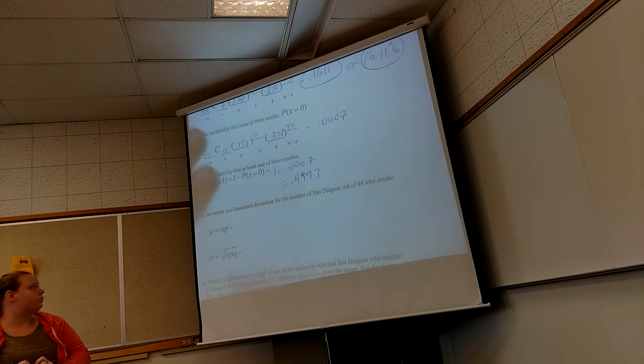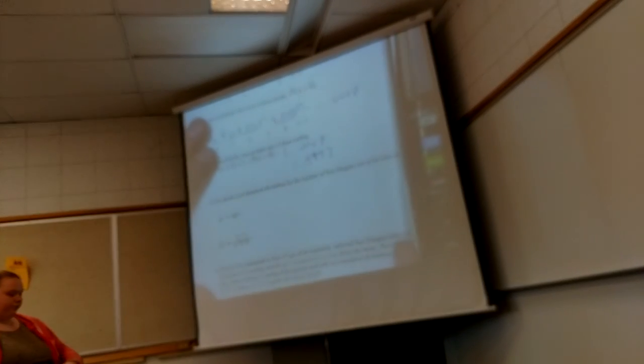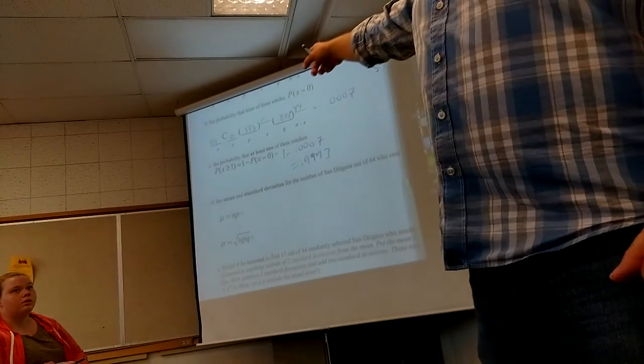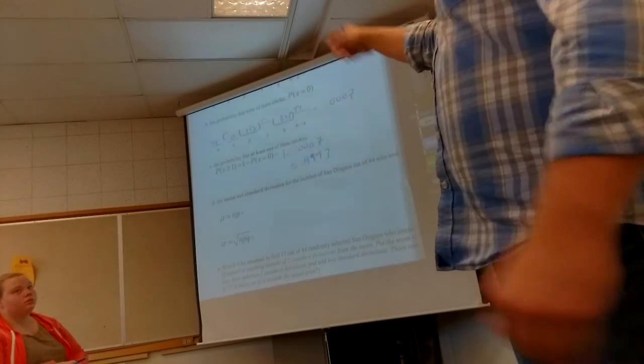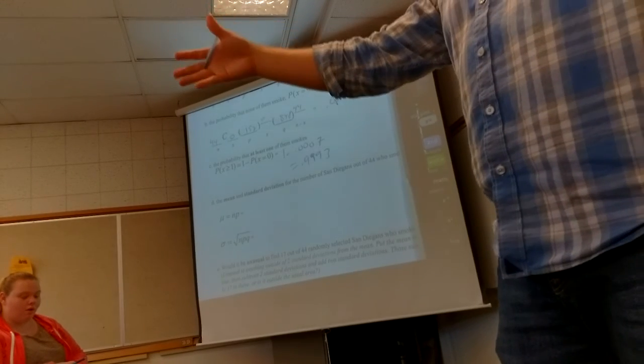All right. Now, part D is the part that I hadn't talked about yet, but I wanted to throw this at you. Those are the most beautiful formulas we've seen yet. Do you agree? There's no table, I can just do it. And why does it make complete sense? Well, what percentage of any group of San Diegans would I expect to smoke?